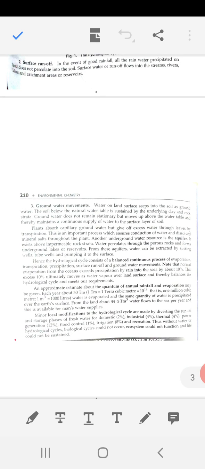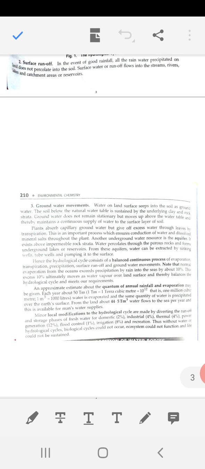Third is groundwater movement. Water on the land surface seeps into the soil as groundwater. The soil below the natural water table is sustained by the underlying clay and rock strata. Groundwater does not remain stationary but moves up above the water table and thereby maintains a continuous supply of water to the surface layer of soil.